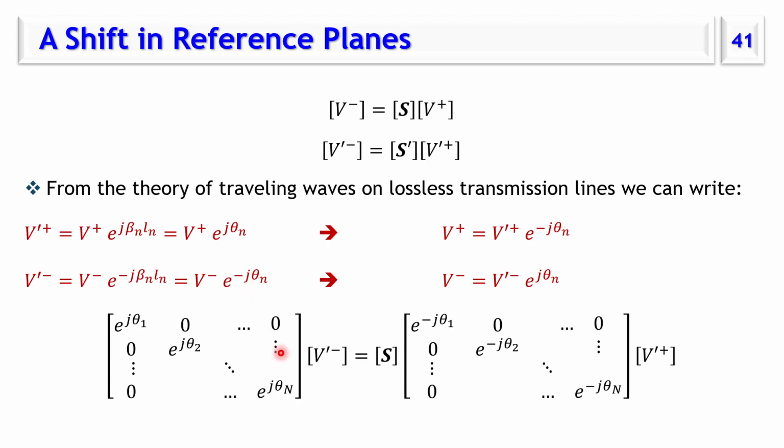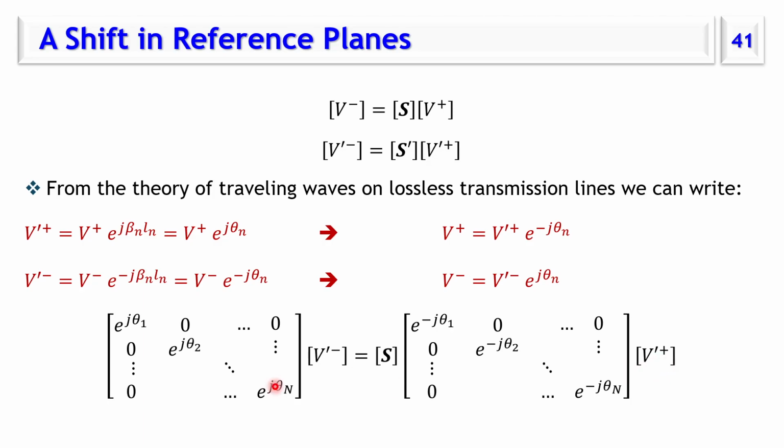If we go here and use this expression, V minus equals V prime minus multiplied by this phase, we can come up with this diagonal matrix before V minus, another diagonal matrix before the V plus, and this is S. What we want is S prime. S prime is the relationship between this vector and that vector.